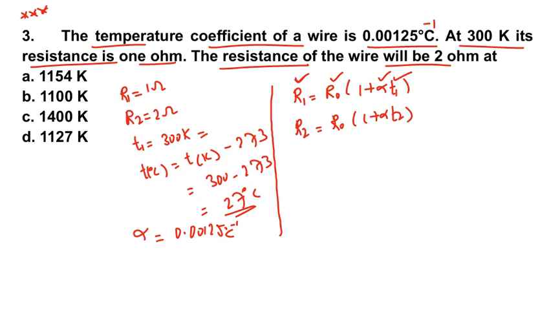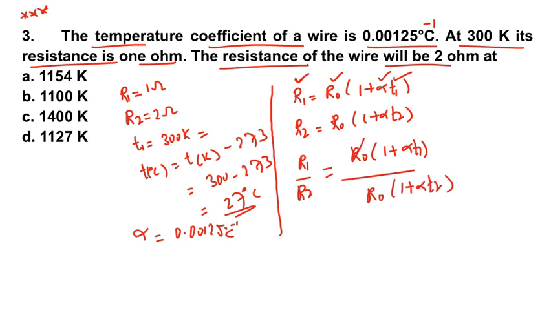Just simplify by dividing equation 1 by equation 2: R1 by R2 equals R0 into 1 plus alpha T1 by R0 into 1 plus alpha T2. R0 cancels, and just substitute the values.